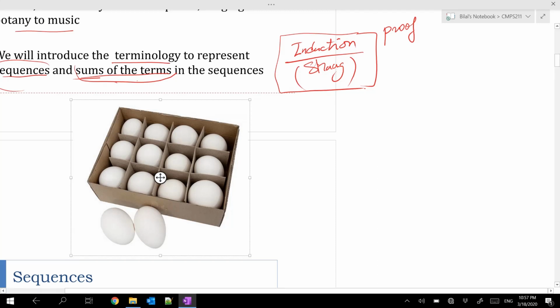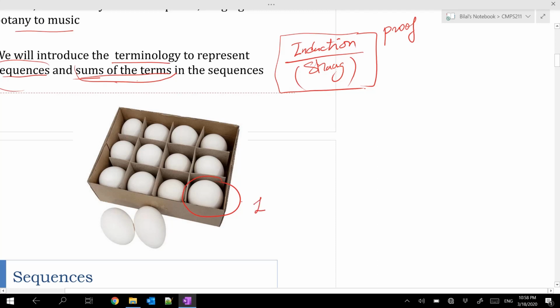For example, in ancient Greece, they remarked that the summation of the first n odd numbers has something to do with perfect squares. Maybe they watched something like the famous egg boxes. If you have only one egg, then the total number is equal to 1, which is 1 squared.